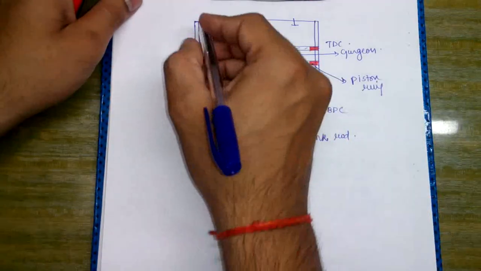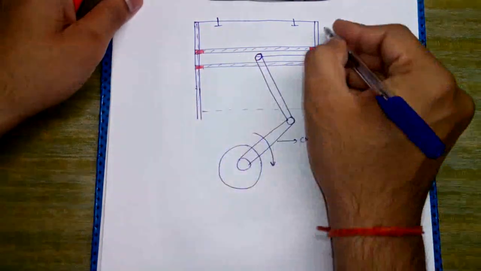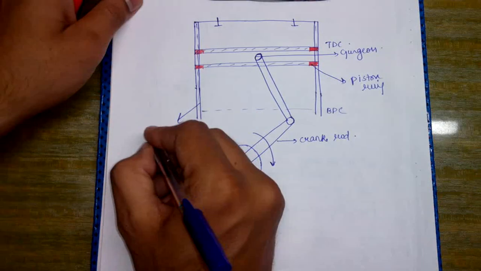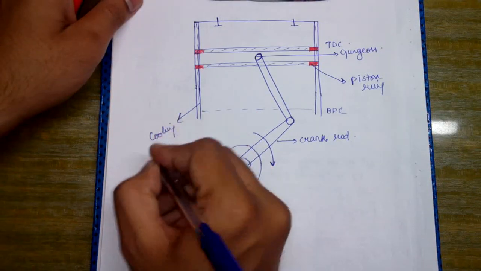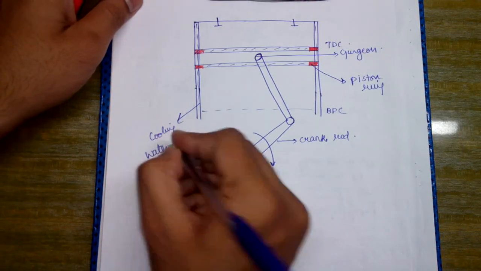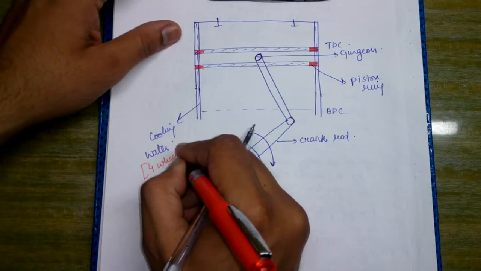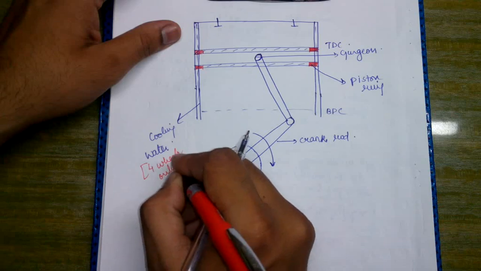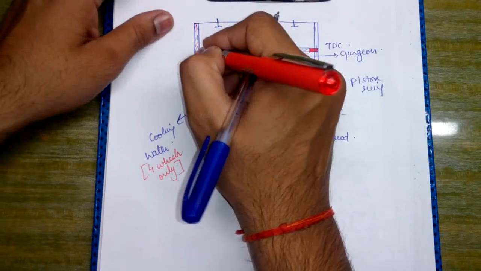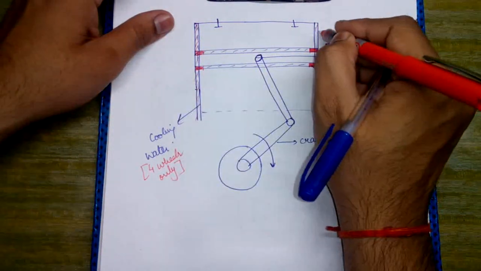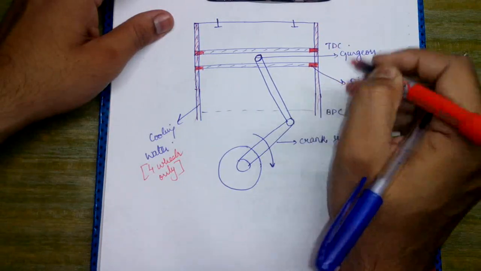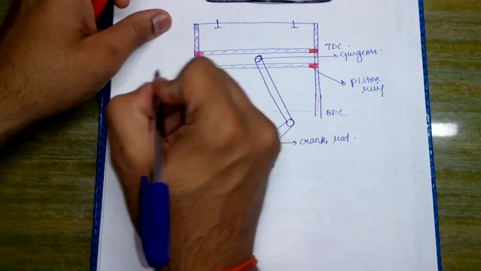Okay, so this portion is provided with cooling water, and this cooling water is generally for 4-wheelers only. 4-wheeler में ही हम लोग ये वाला पोर्शन, this is being provided with cooling water for removing the excess heat, and this is actually the cylinder.